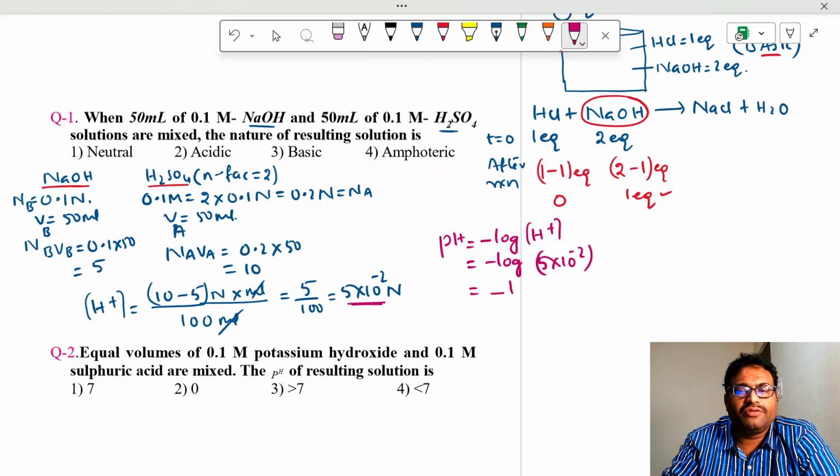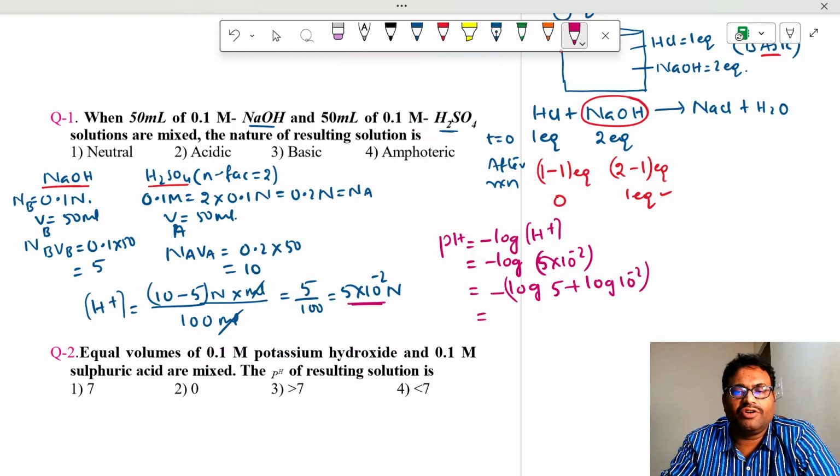That is equal to minus log 5 plus log 10 power minus 2, which is equal to 2 minus log 5. That is equal to 2 minus 0.6990, which is equal to 1.3010. So that will be the answer.